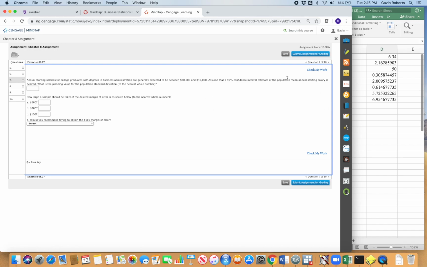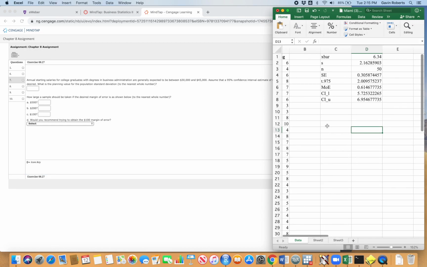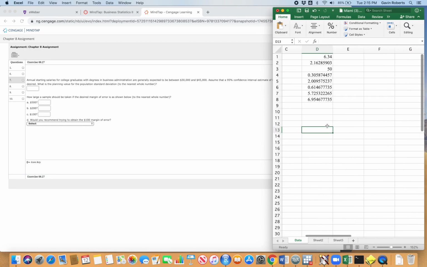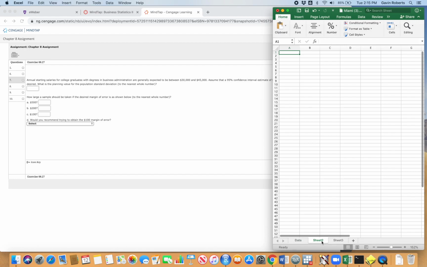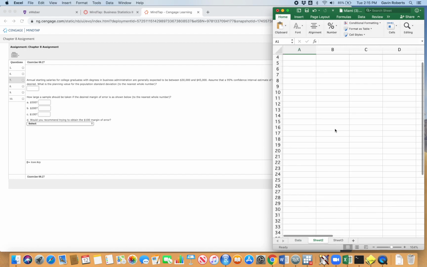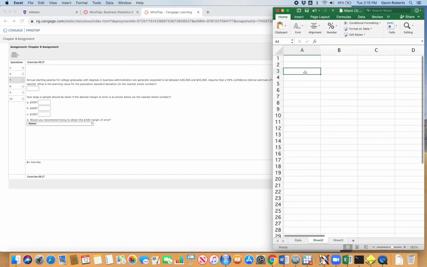The planning value, something we haven't gone over, and you won't know about if you don't watch this video. Let's go to a different sheet right here. Let's zoom. The planning value is just something that some guy made up. Planning value is going to equal the maximum, 45,000, minus the minimum, 30,000, divided by 4.